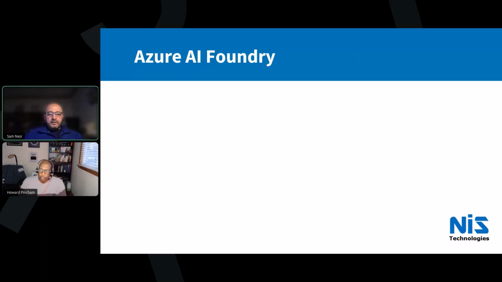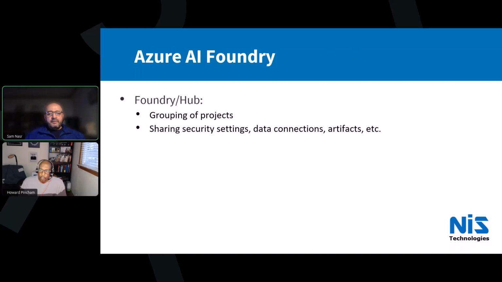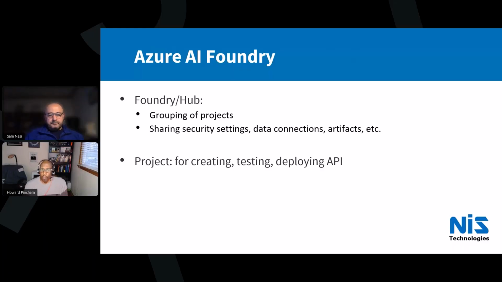Once we get started, there's a couple things that we need to keep in mind. Basically within the Foundry, there's what's called the Foundry and Hub. These are two different ways of creating the projects. A hub is more of a large umbrella that contains multiple projects underneath it, and the project in itself is used for creating, testing, or deploying a model.